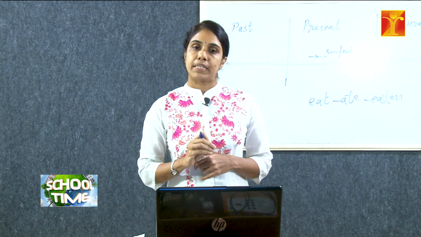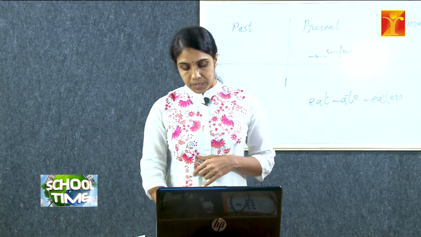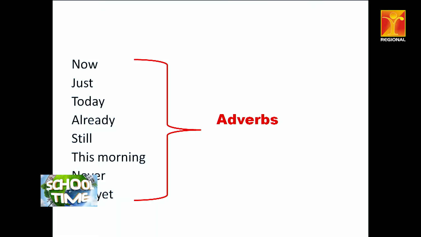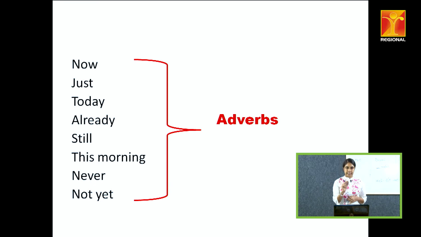Present perfect tense. See, and with this tense, we are using adverbs like now, just, today, already, still, this morning, never, not yet. Such types of adverbs are also used with this tense.